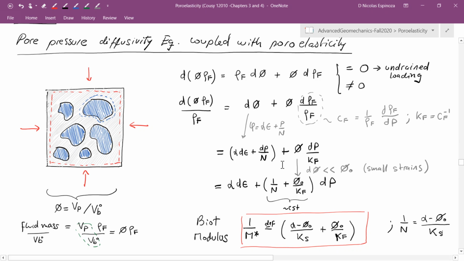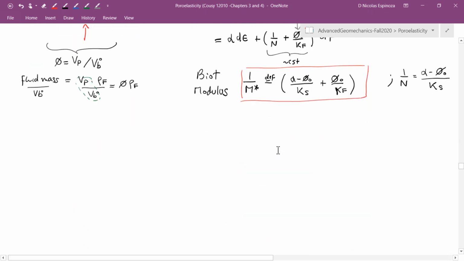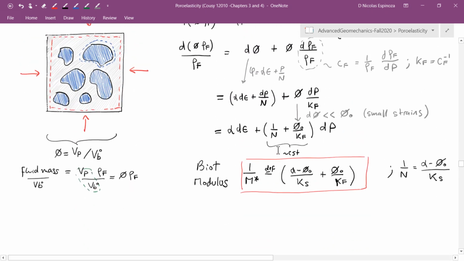All right, so let's bring now the continuity equation. Let me see if I can fit that in here. Okay, so this is going to be the second part of the derivation, and we're going to have to write the continuity equation for fluid flow in a porous medium.